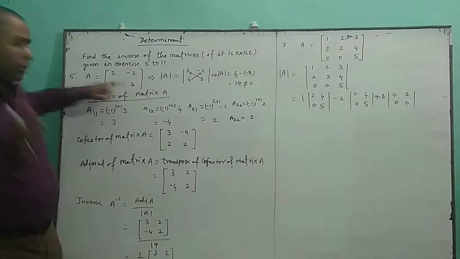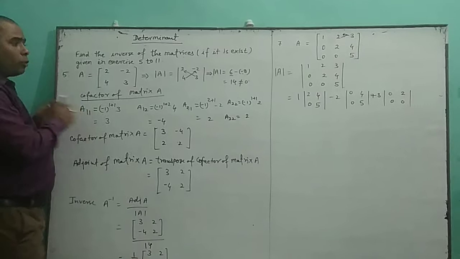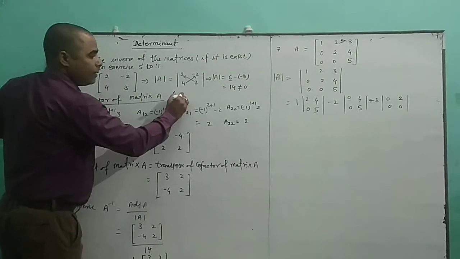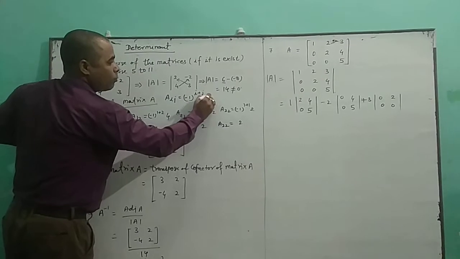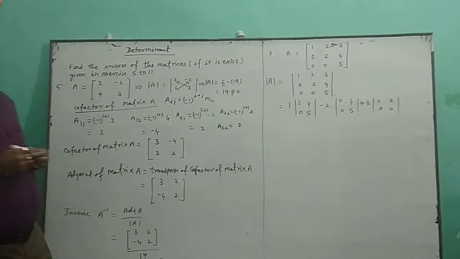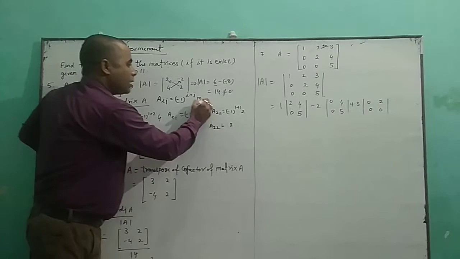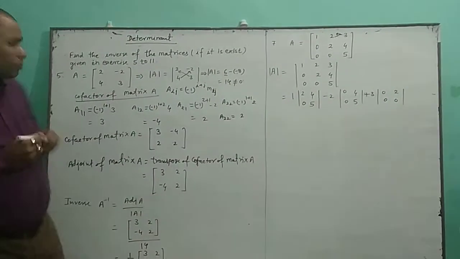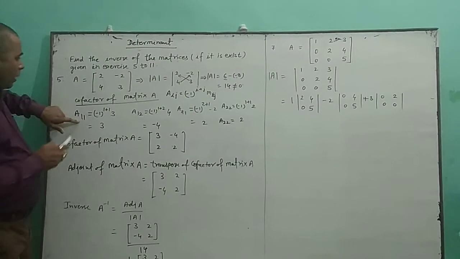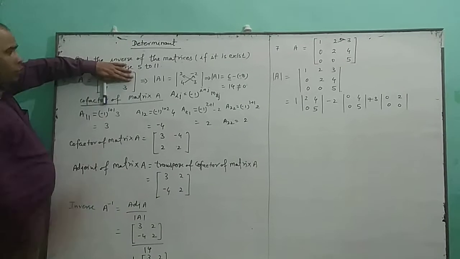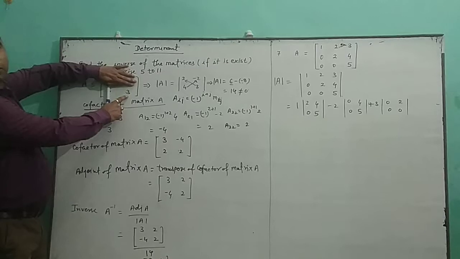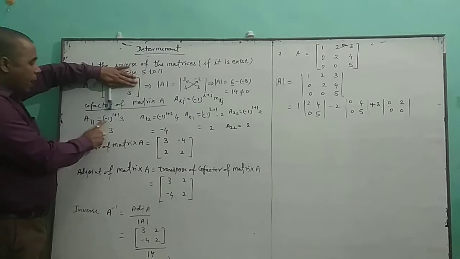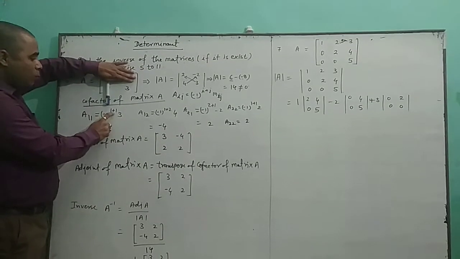The value of cofactor Aij is equal to minus 1 to the power i plus j into Mij. For A11, we have to close the first row and first column. What will be the value of M11? 3. So we write 3, and minus 1 to the power 1 plus 1.